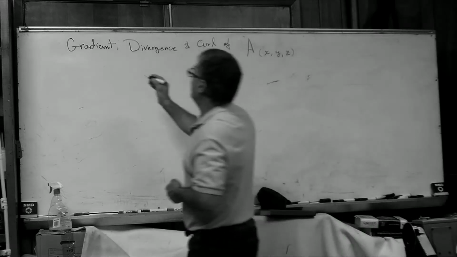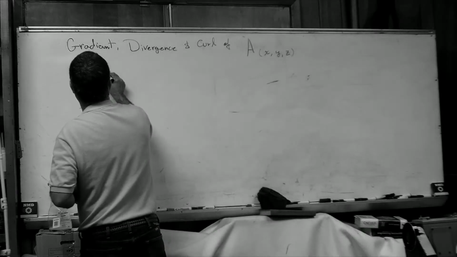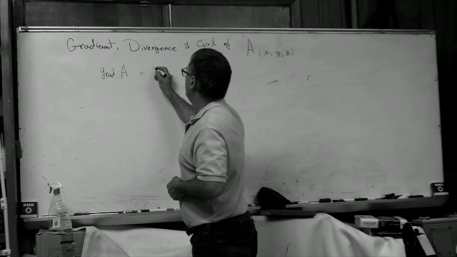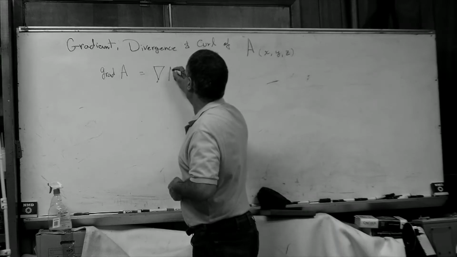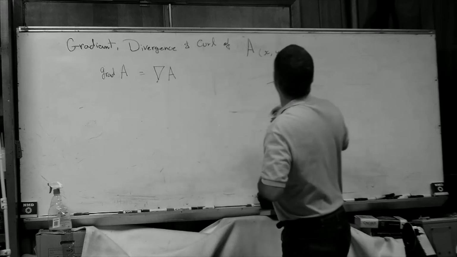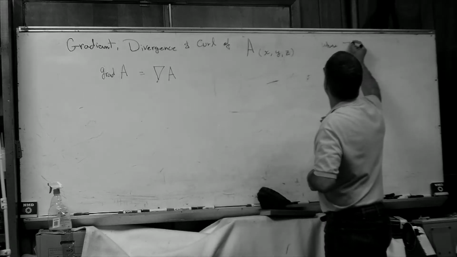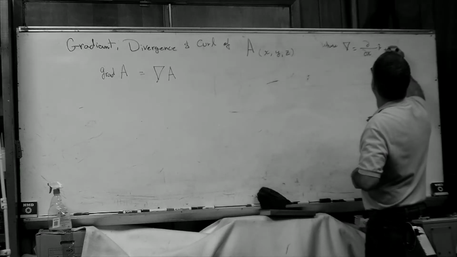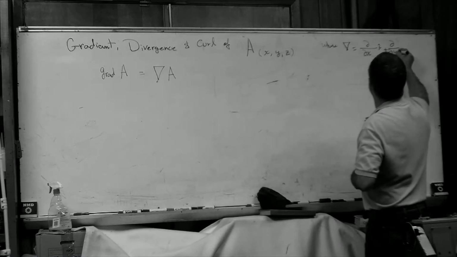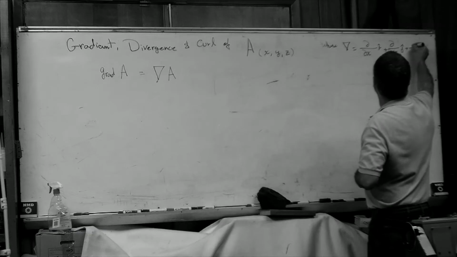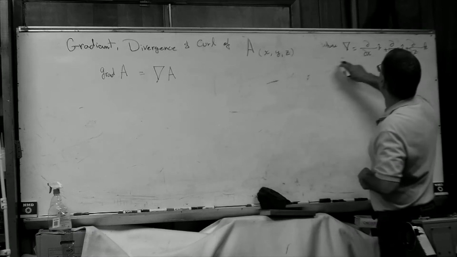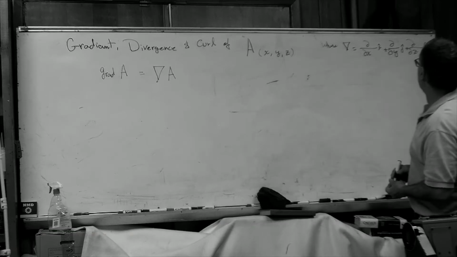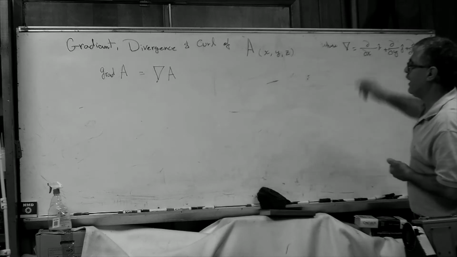The gradient they show like grad A is equal to del A, where del is the partial derivative with respect to x i plus partial derivative with respect to y j plus partial derivative with respect to z k.